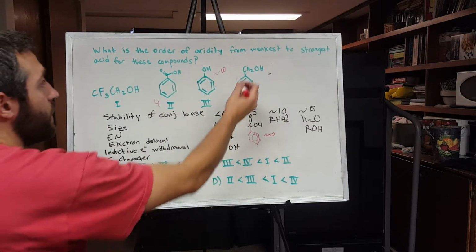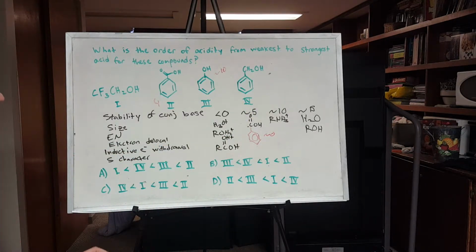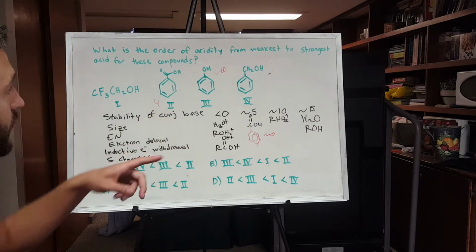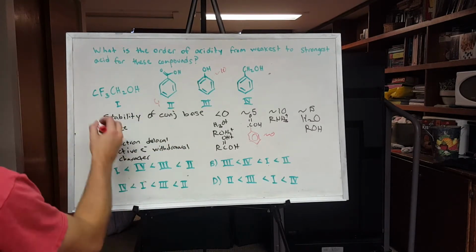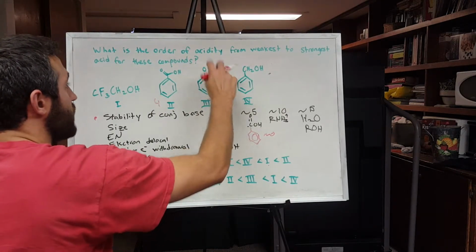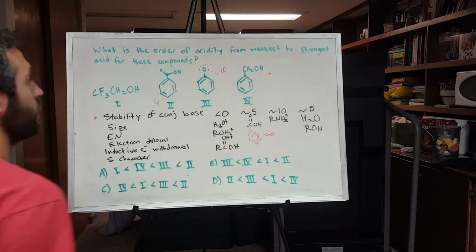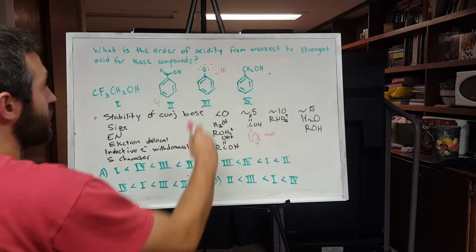This guy is not attached to the benzene ring straight away, so it does not drop the pKa. This one drops the pKa because of resonance, which stabilizes the conjugate base. If we drop that proton and put a minus charge here, we can delocalize the minus charge into the ring.